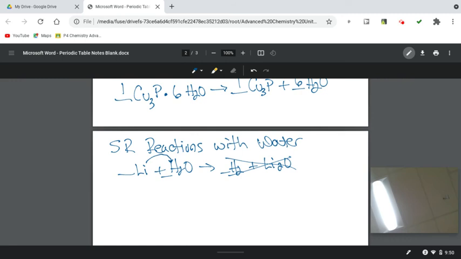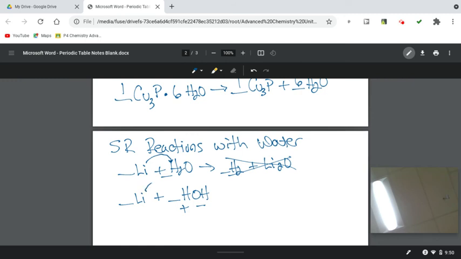If you ever see the single replacement reaction of a metal with water, you can't consider water to be H2O. What you have to consider water to be is HOH, where hydrogen is the positive ion and hydroxide is the negative ion.